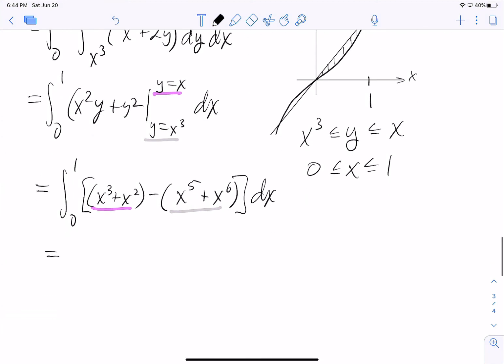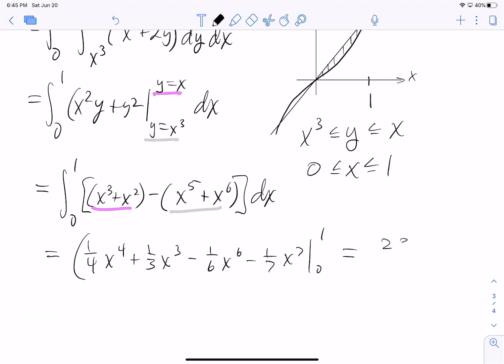I have no like terms, just the power rule all over the place. 1/4 x to the 4th plus 1/3 x cubed, and then distributing the negative and integrating, we get minus 1/6 x to the 6th minus 1/7 x to the 7th. That whole thing is going to be evaluated from 0 to 1. The arithmetic there gives us 23/84 as the value of our integral.